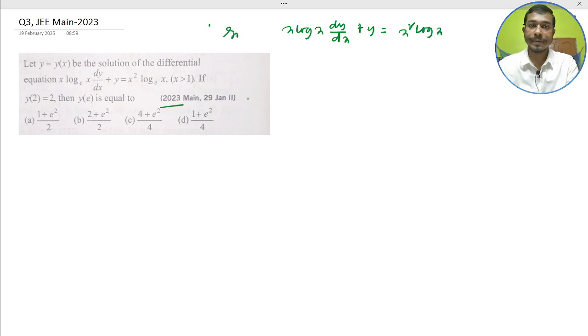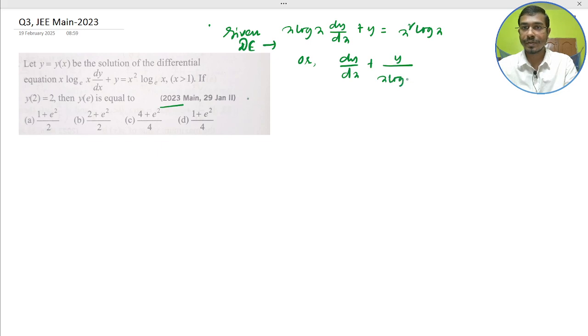This is the given differential equation. So it would become dy/dx plus y divided by x log x equal to x. This is a linear differential equation.